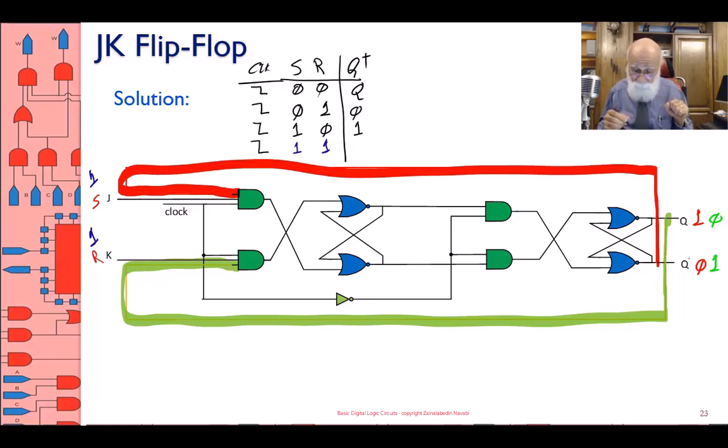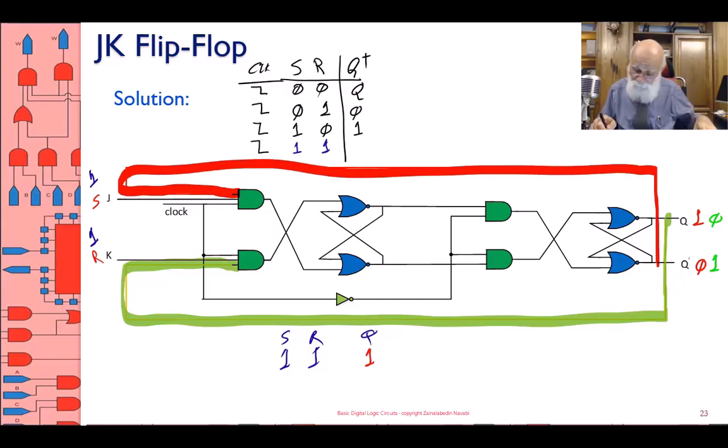And now let's assume that I am in the set state. That means presently I have 1, 1 on my set and reset, and my Q is also 1.